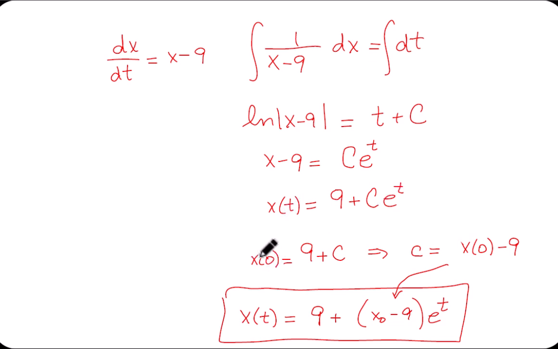I'm going to leave that number there unspecified as 9 plus c. So c is x0 minus 9. So you can see that the solution here clearly depends upon this particular value, which is your initial starting point.